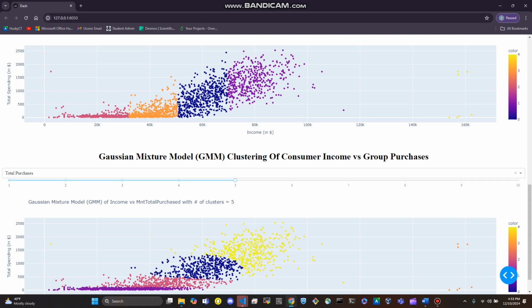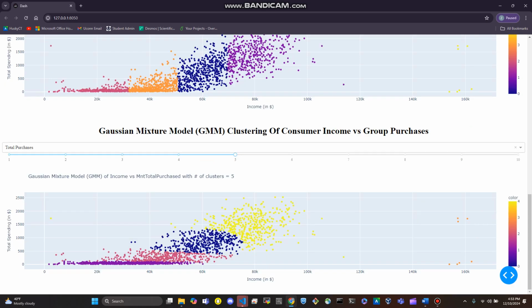First, it has n components, right? And each of those components represents a separate Gaussian distribution. All of the points are assigned a probability of being included in that specific Gaussian distribution, unlike another one.